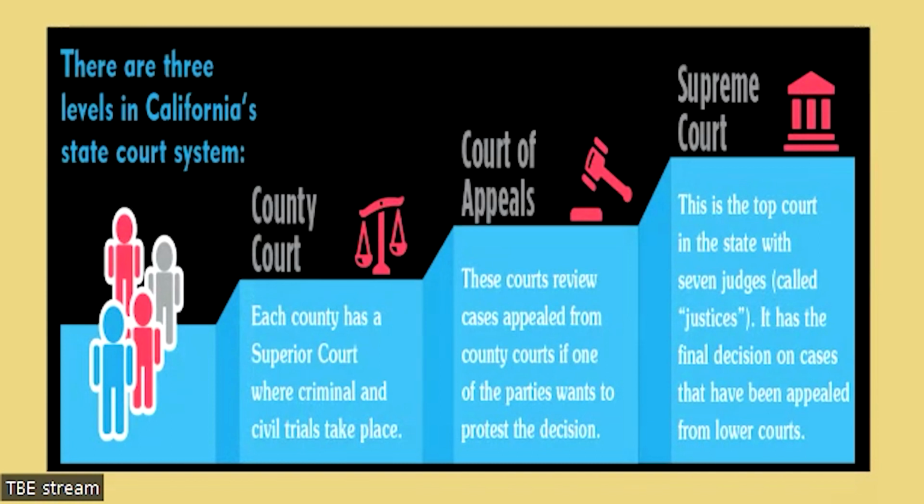These courts review cases appealed from county courts if one of the parties wants to protest the decision. And then on the highest, we have the Supreme Court. This is the top court in the state with 7 judges called the Justices. It has the final decision on cases that have been appealed from lower courts.